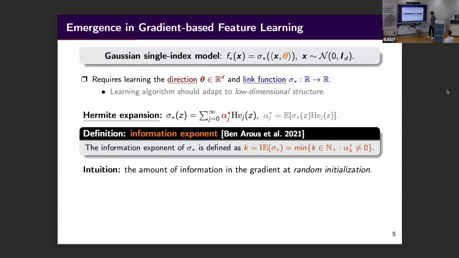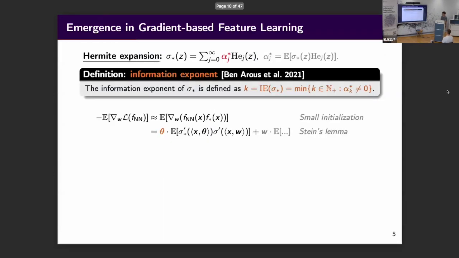The information exponent is defined to be the smallest integer k such that the k-th Hermite coefficient is non-zero. I guess this might be a recap for many of you. The intuition is that this quantity captures the amount of signal you have in the gradient around random initialization.